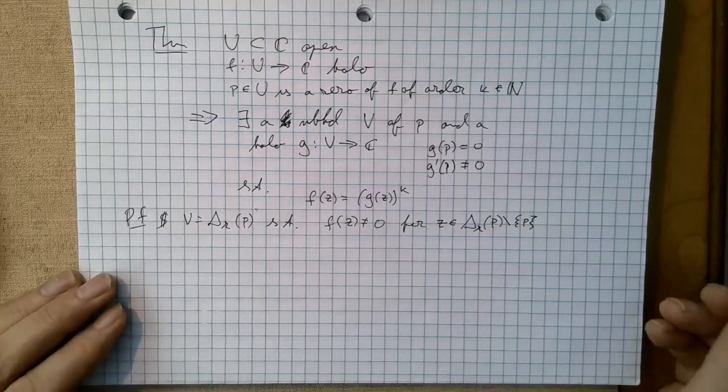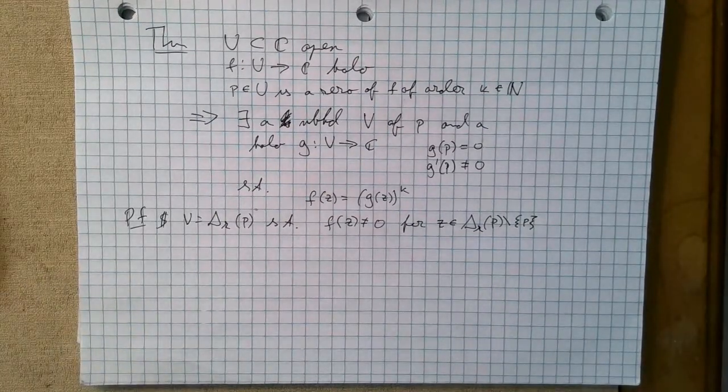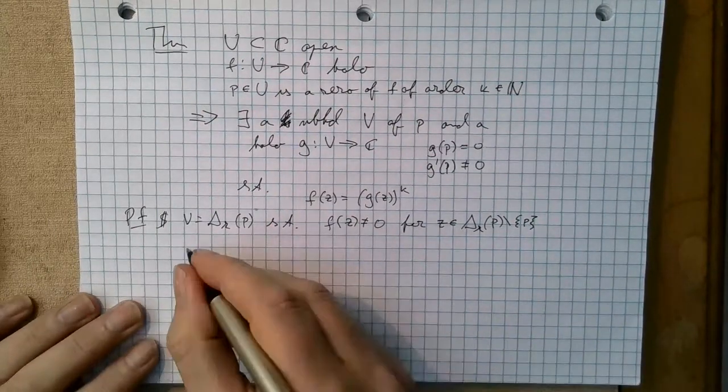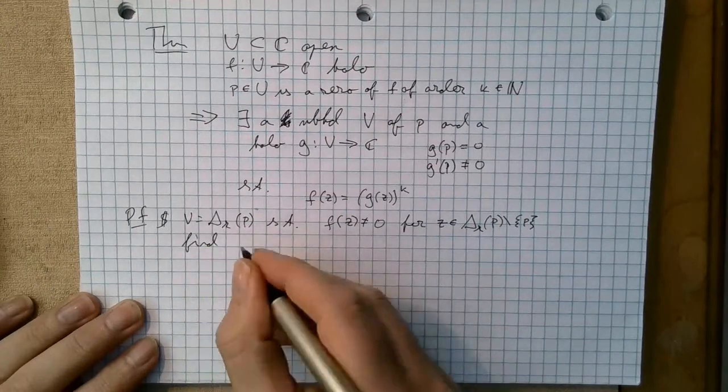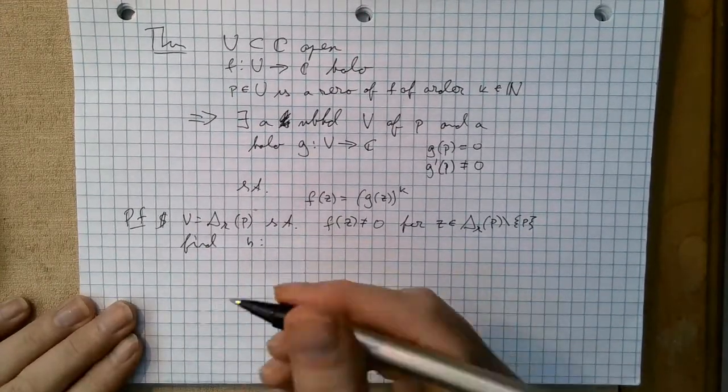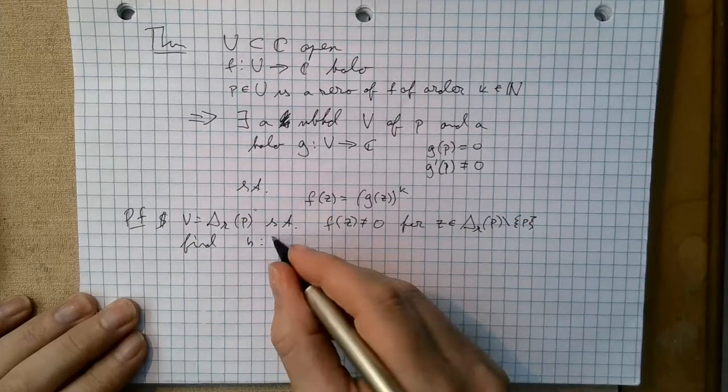All right. Now we use the lemma. We can't call it g now, but we're going to call it h. We use the lemma to find h that is going to be defined on V, right? So on this disk.